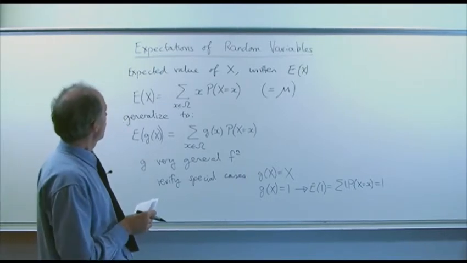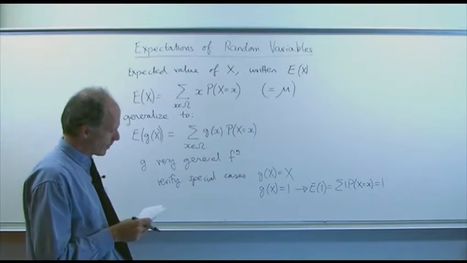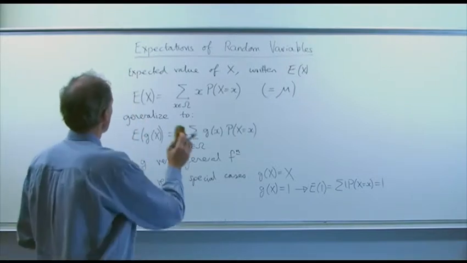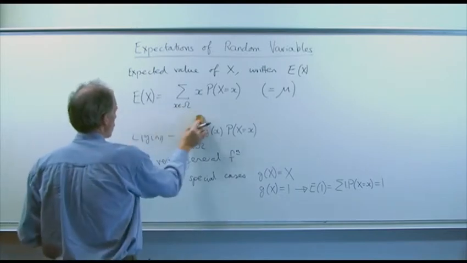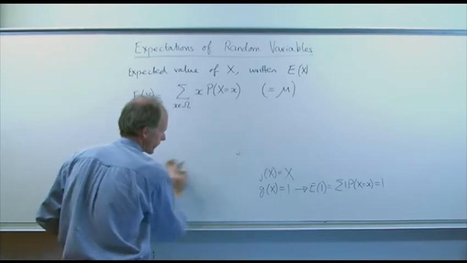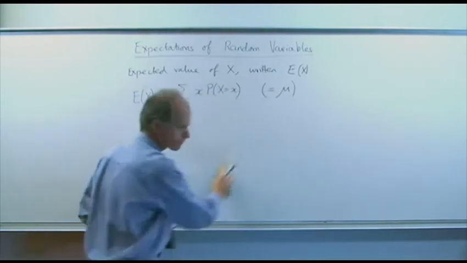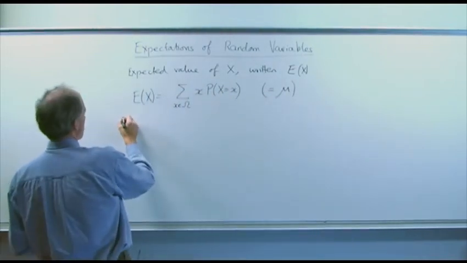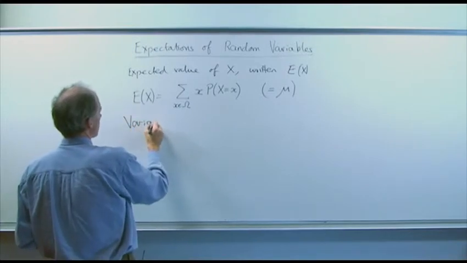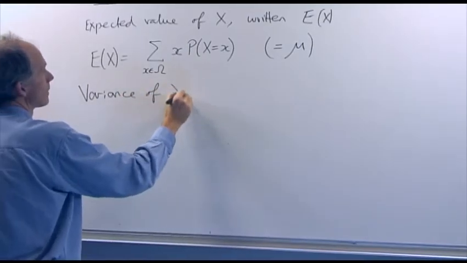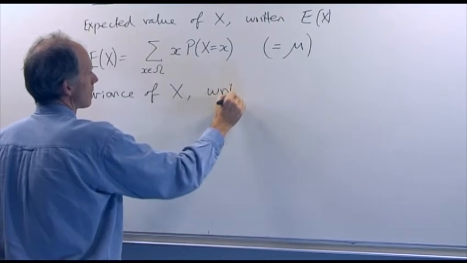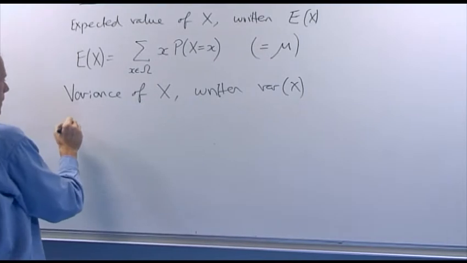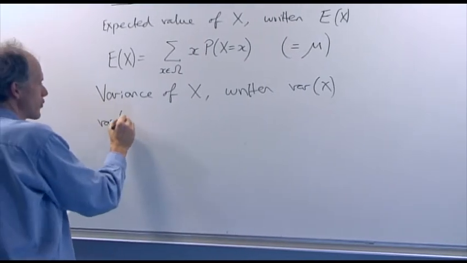Okay, so that's the concept of an expected value, and this leads us to define another quantity, which is the variance of a random variable. So the variance of X, which we're going to write as var of X, is a special case of g.